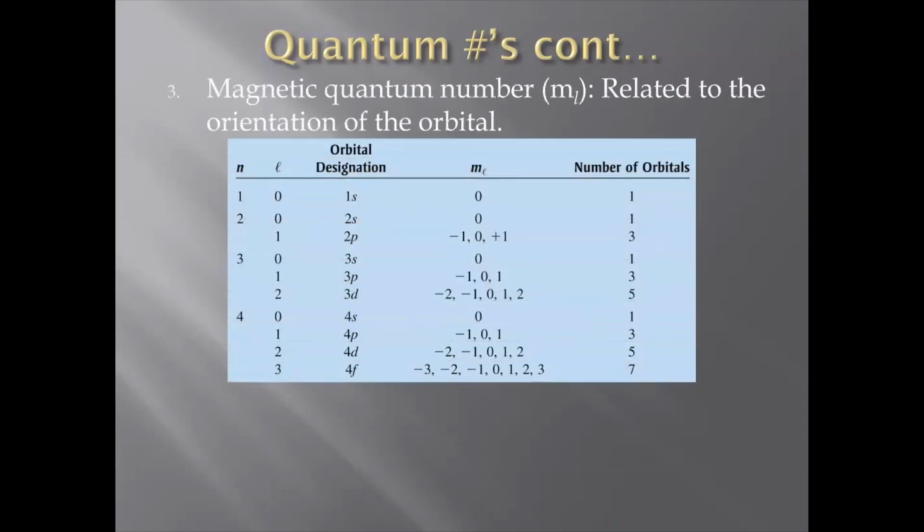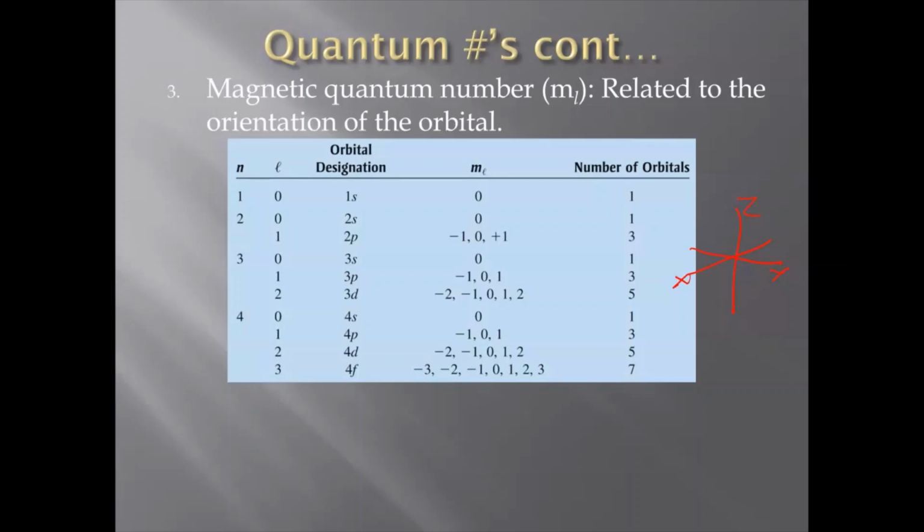Now the third quantum number is the magnetic quantum number, m sub L, and it's related to the orientation of the orbital. Remember that in a 3-dimensional world, you have x, y, and z planes, and these orbitals have to exist in a 3-dimensional world, so they adopt that same type of configuration.